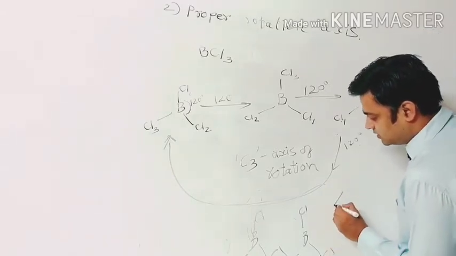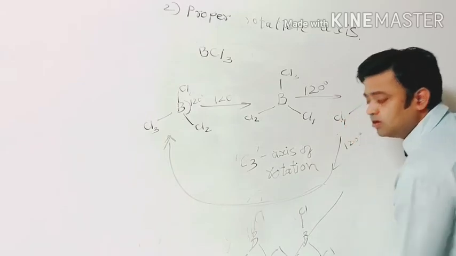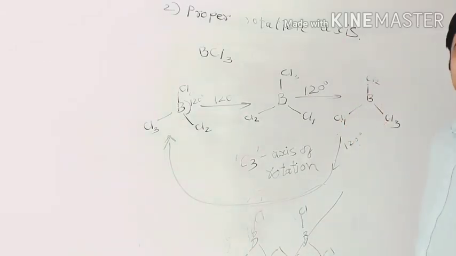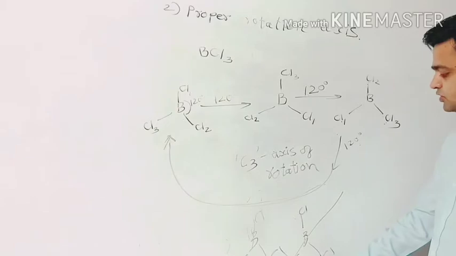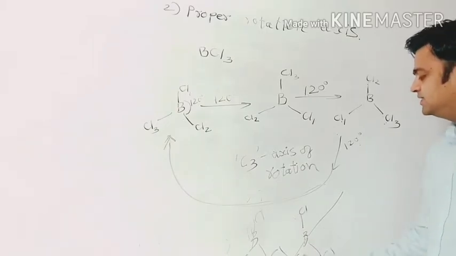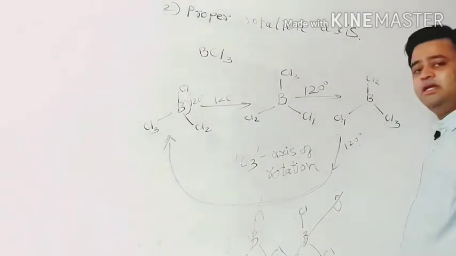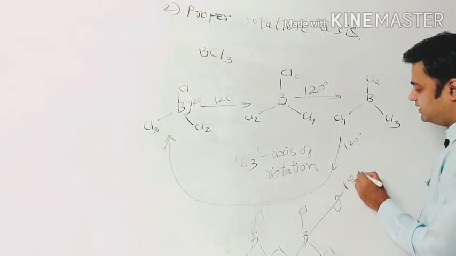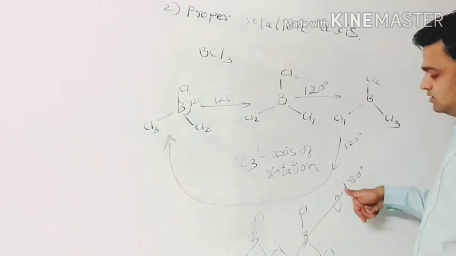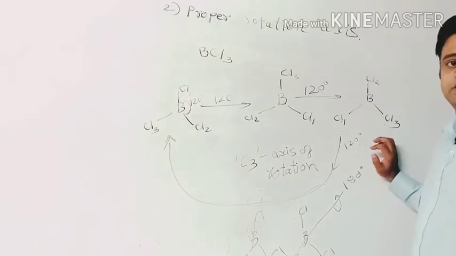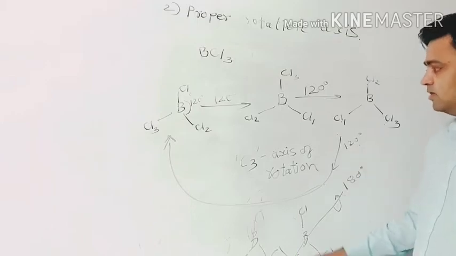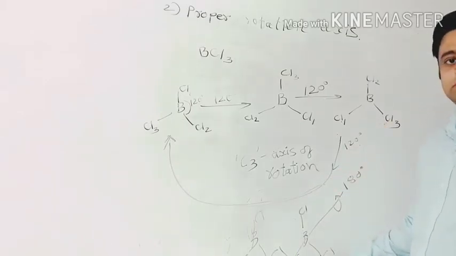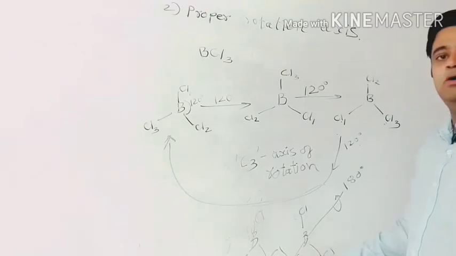Axis of rotation passing through one of the BCl bonds. With how much angle will you rotate? Definitely through 180 degree I will rotate to get equivalent configuration. Therefore, one more axis of rotation you got in the form of the BCl bond.